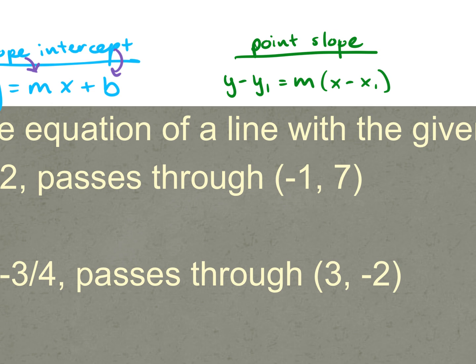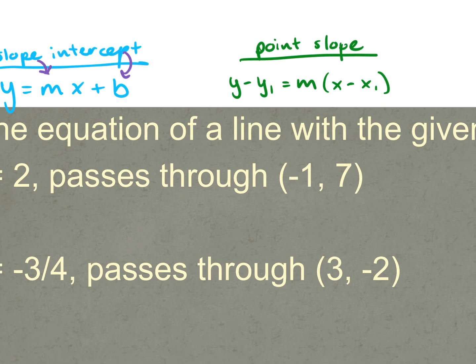If we're given the slope and the y-intercept, we'd want to use slope-intercept form. The question sometimes will be specific. It could give you the point and the slope, but ask you to leave it in slope-intercept form. So just make sure you pay attention to what the question's asking, and that'll determine how you leave your answer. But we can go from point-slope form to slope-intercept form just by simplifying our equation.